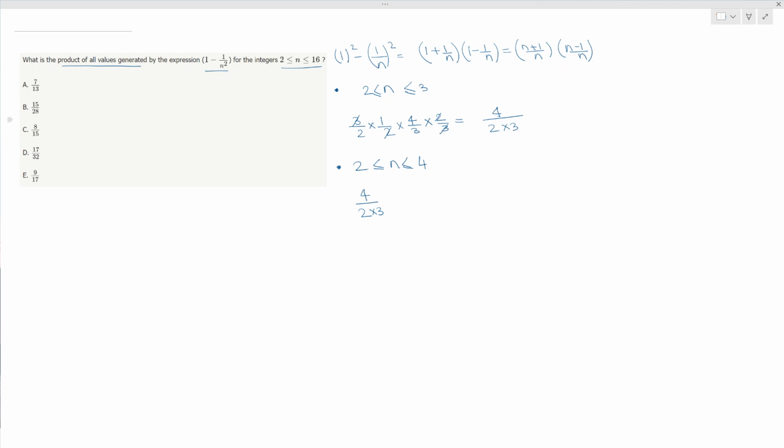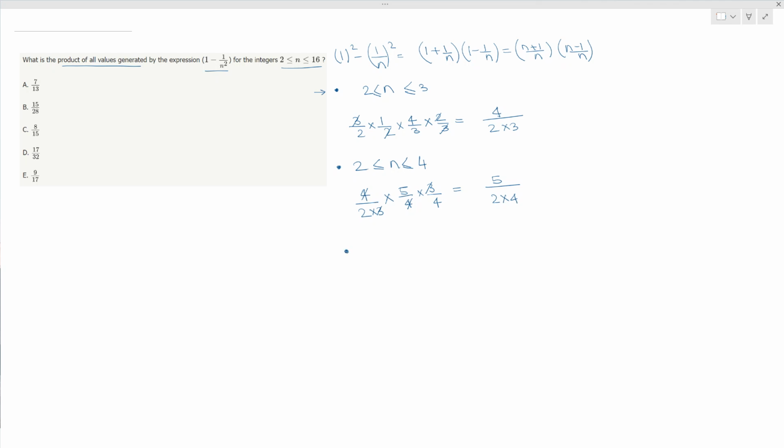And for n equals 4, it will be 4 plus 1 is 5 by 4 into 3 by 4. Again, let's do a bit of simplification. We can cancel 4 from the numerator and denominator. We can cancel 3 out here, and I'll just write 5 by 2 into 4.